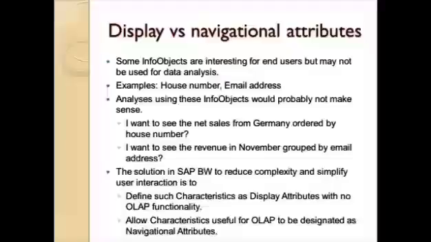This way it's easy for BW to handle those attributes. It will have less system overhead if we define display attributes versus navigational attributes. So unless it is really necessary, we will not define an attribute as a navigational attribute.